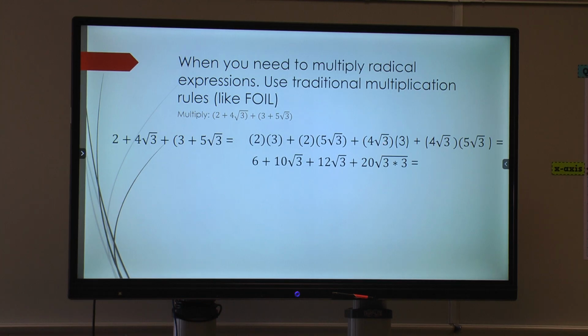I'm multiplying the 3 into what? 3 times what gives me 12? 3 times 4. Yes. We keep our radical 3. Now, looking at the final one, on the outside we have 4 times 5, which is what?